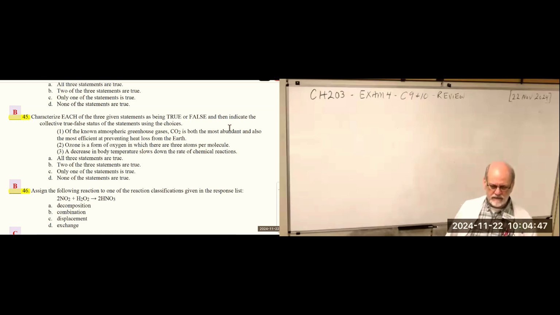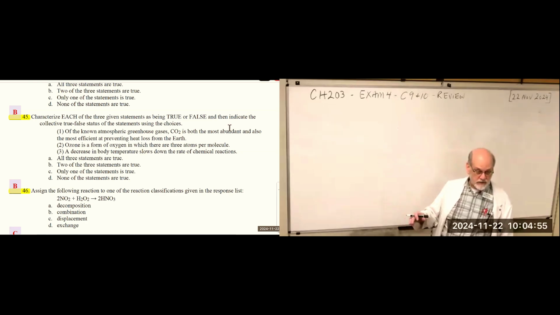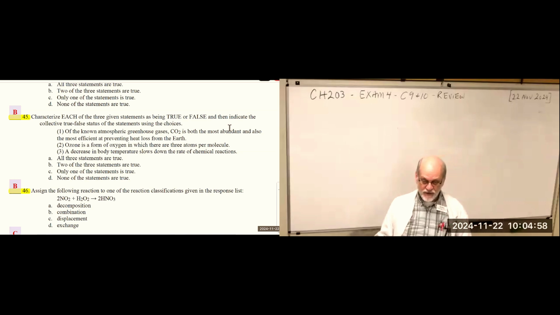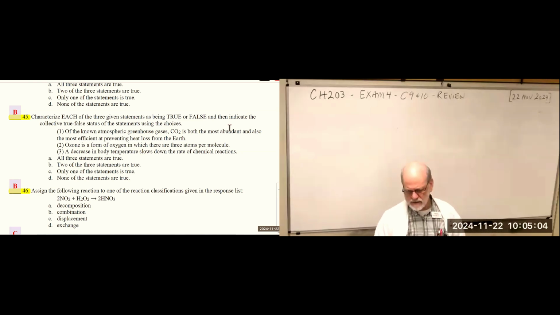So 220 divided by 10 is 22. Oh, no, it's compounded. It's the reaction rate to the 22nd power. So you're decreasing the reaction rate down to almost nothing at minus 195. So that's why they take cell cultures and dunk them in liquid nitrogen. They preserve them as long as forever.